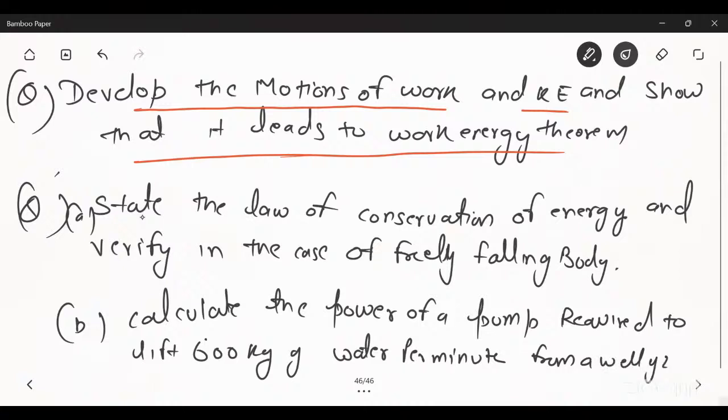Okay, both of those questions I have discussed earlier.